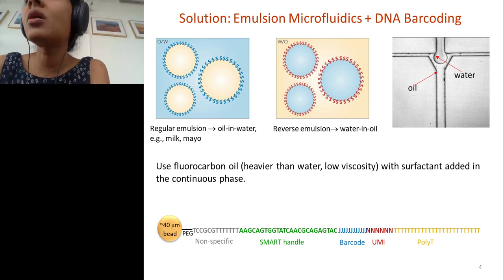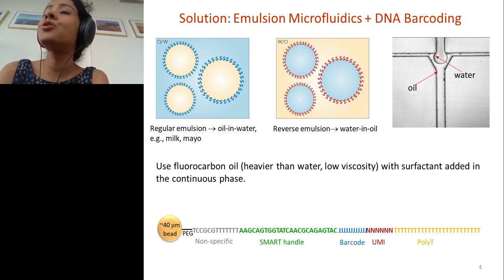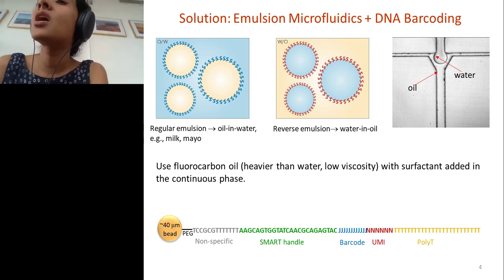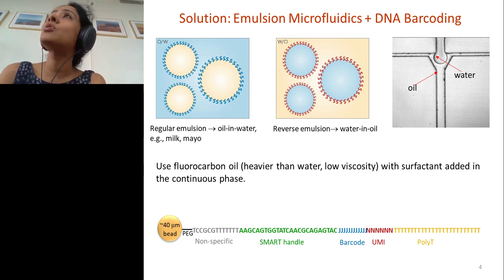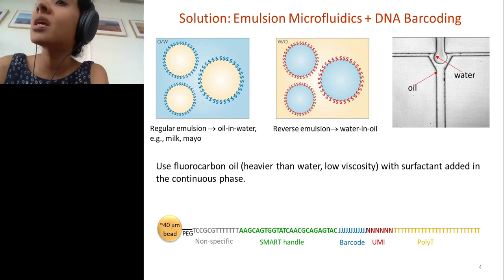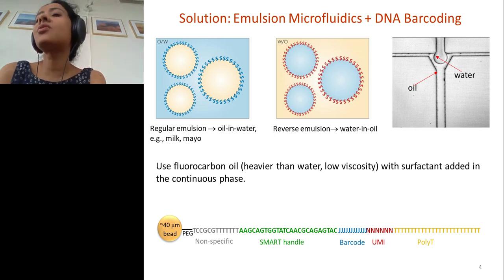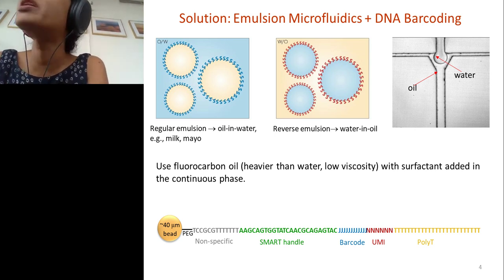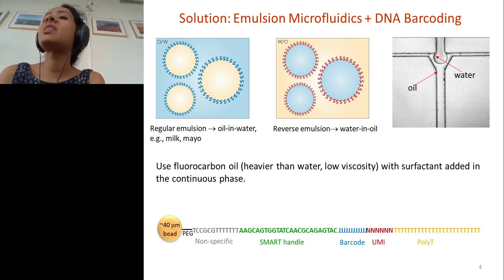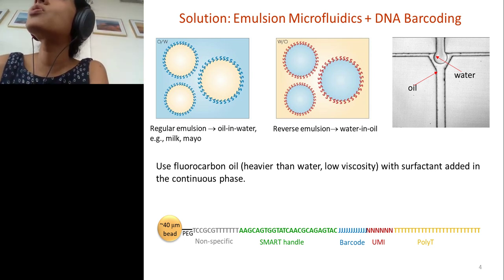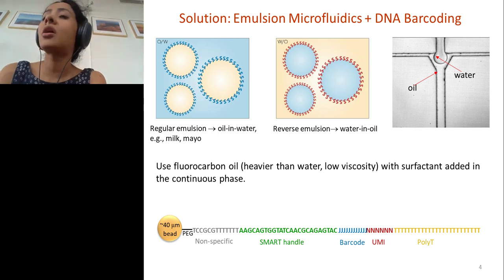There is also a sequence called UMI, or Universal Molecular Identifier, that is going to be unique to each messenger RNA that lets us do RNA counting. And there is also a section of poly-Ts here that is going to select out the messenger RNA.